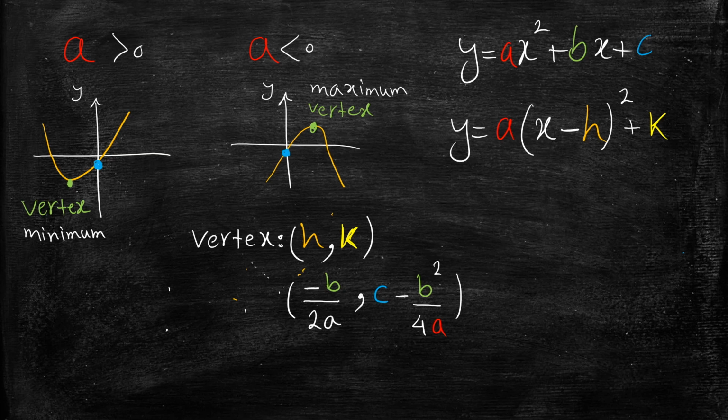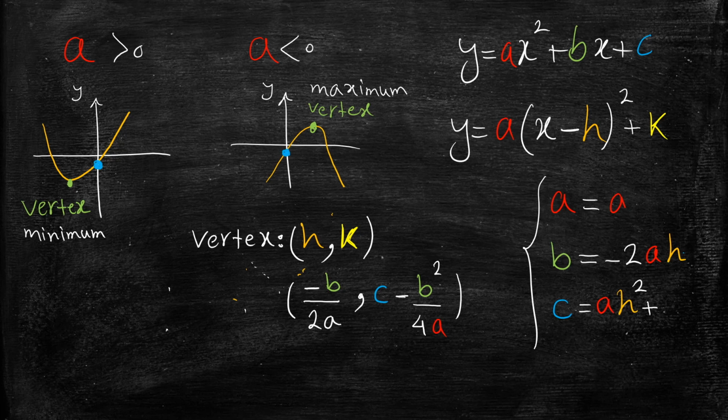But we also learned about the relationship of a, b, c to h and k. And we know a is the same in both equations. b equals minus 2a times h, and c equals a h squared plus k.